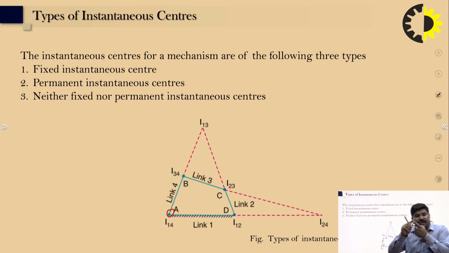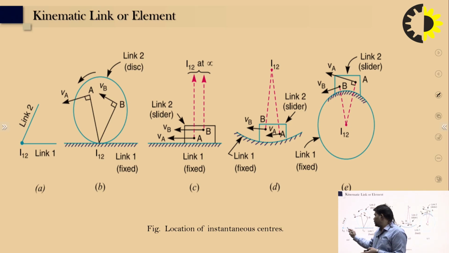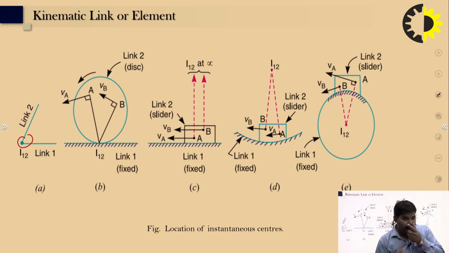This link is joined as a pin joint, this link is joined as a pin joint, this link is joined as a pin joint. Here links 2 and 1 are joined as a pin joint. So if 2 links are connected by a pin joint, then the I center will be at the pin joint point, right?